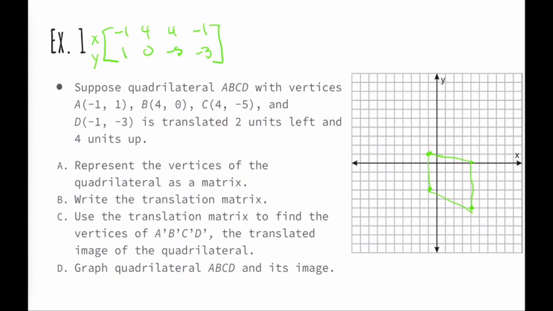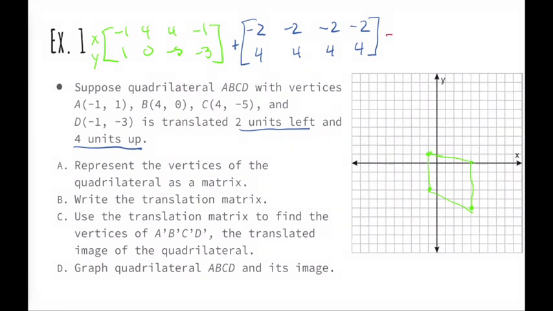Now for the translation matrix, we want to do 2 units to the left, so we want to subtract 2 from every x, and we want to do 4 units up, so we want to add 4 to every y. Use the translation matrix to find the vertices of A prime, B prime, C prime, D prime, the translated image of the quadrilateral.